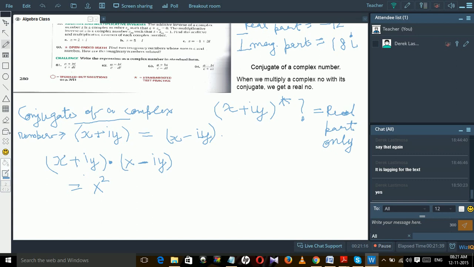Okay, this is minus y. X square, we'll distribute x, multiply x with x minus iota y.